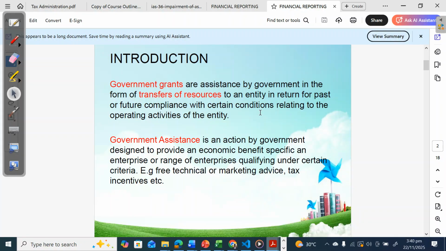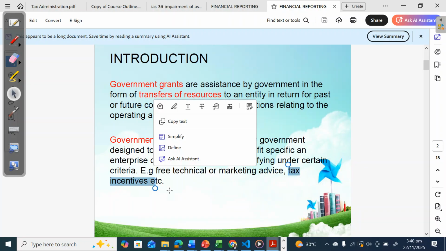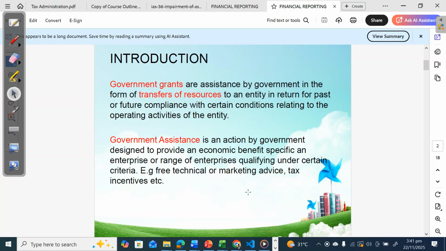It's an arrangement the government provides to give certain companies an advantage. So for instance, if the government gives a tax incentive to certain businesses, it is a form of advantage, but it is not a grant. You can't say a tax incentive is a grant. No, it's not a grant, but it is an assistance. Do you get it? Okay.